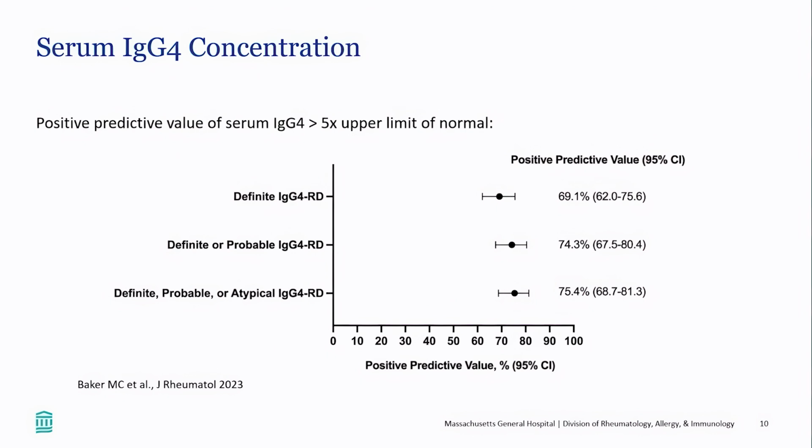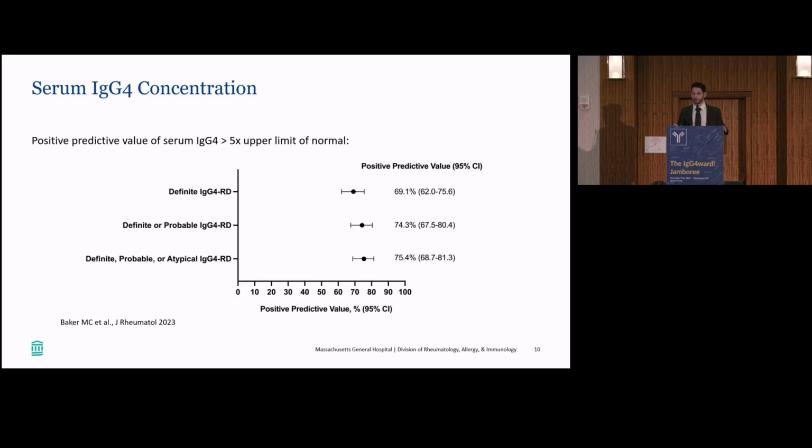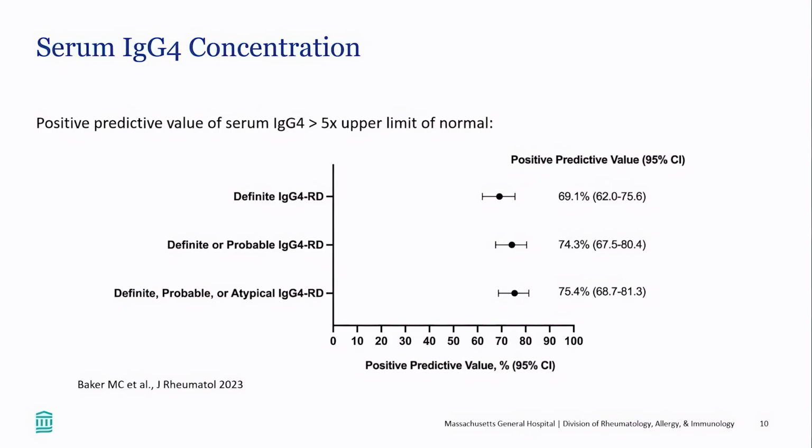And depending on how they defined IgG4-related disease, how well the serum IgG4 of over 5 times the upper limit of normal predicted the diagnosis of IgG4-related disease was around 70 or 75%. Which sounds pretty good, but if you think about it, that also means that about a quarter to a third of patients with extremely high serum IgG4 concentrations have a different diagnosis.